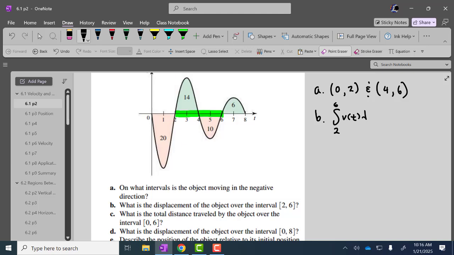The result of that is whatever's above, the area above, minus the area below. So we are going to get 4. And they did give us units here. So what would these units be? Meters. Meters, exactly. So that would be our displacement on this time interval.